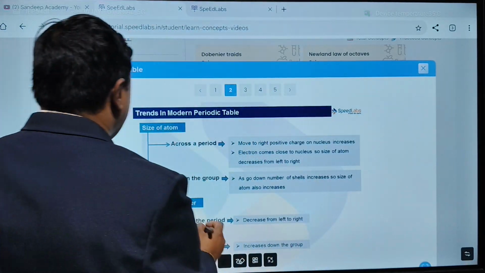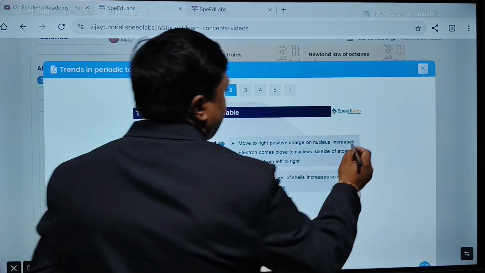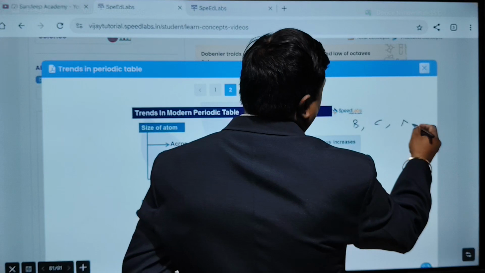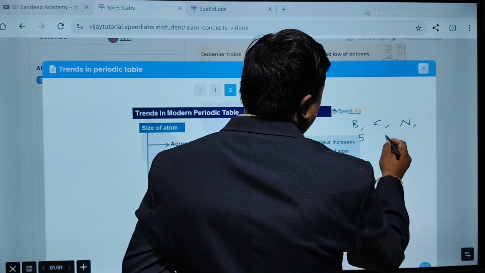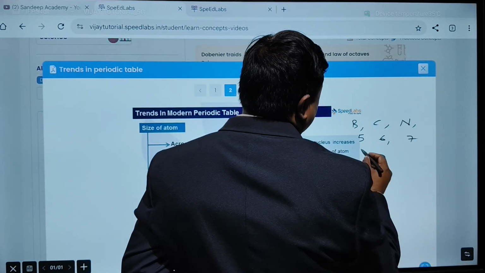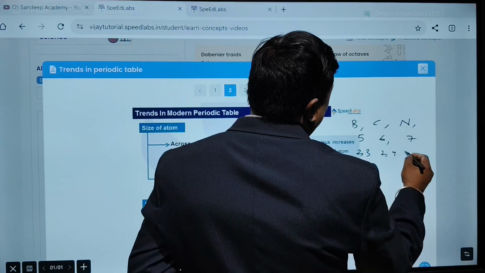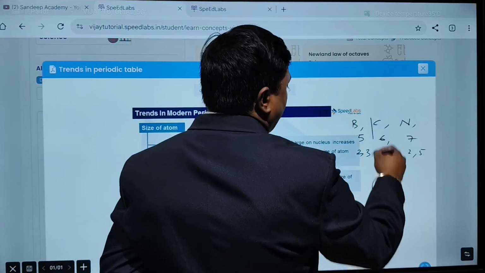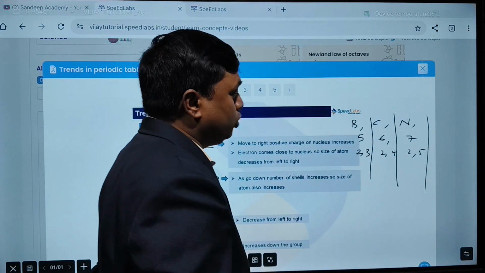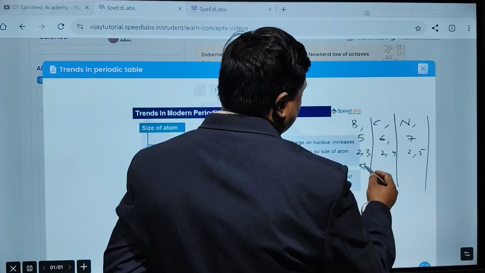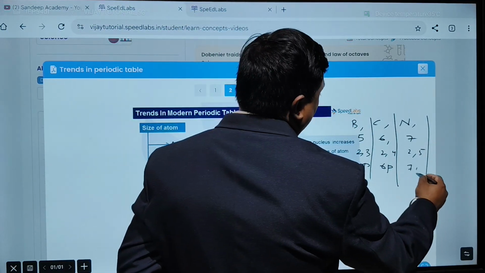Just see here, across the period. We have boron, carbon, nitrogen, with atomic numbers 5, 6, and 7. It means the electronic configuration is 2, 3; 2, 4; 2, 5. All are having 2 shells. But one has 5 protons, one has 6 protons, one has 7 protons.